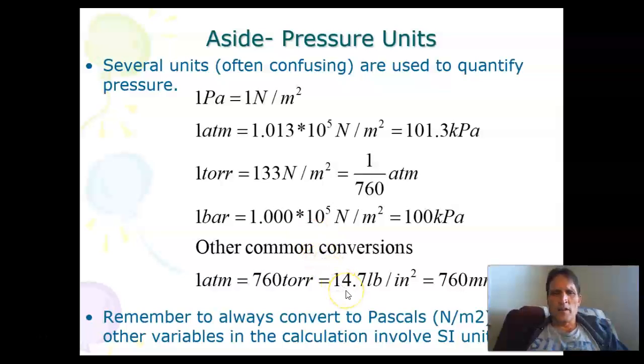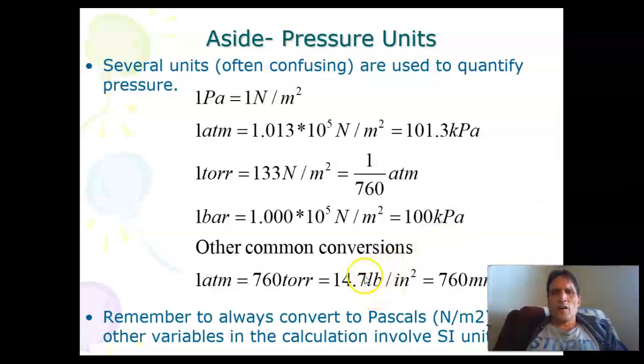A very common unit, if you've ever used tire gauges or compressors, is what's called PSI, or pounds per square inch. Atmospheric pressure at sea level is equal to 14.7 pounds per square inch, which means the pressure of air pushing down on anything at sea level is 14.7 pounds of force for every square inch of surface area, or 14.7 psi.